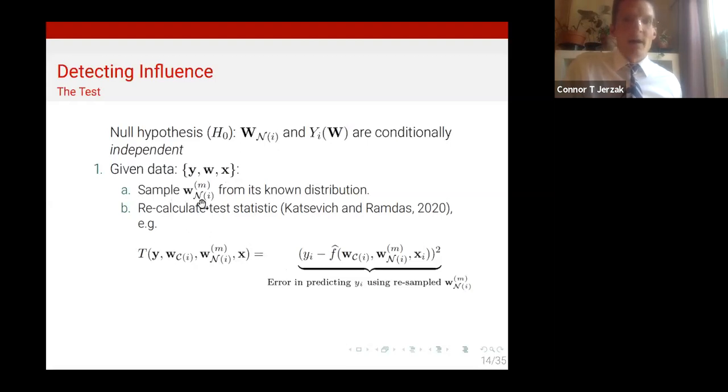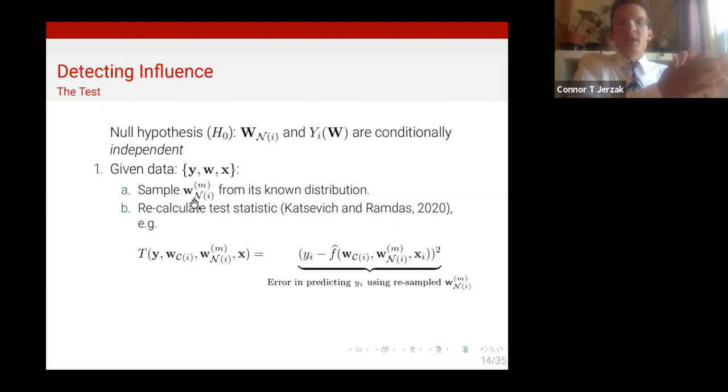So let's imagine that we have two schools. We use the first school to learn the function relating all the treatment dynamics and covariate dynamics with influence and with the outcome. Then we could apply that function to people in the second school, and resample this part of the treatment vector from its known distribution, taking what we've learned from that first school and applying it to the second school.